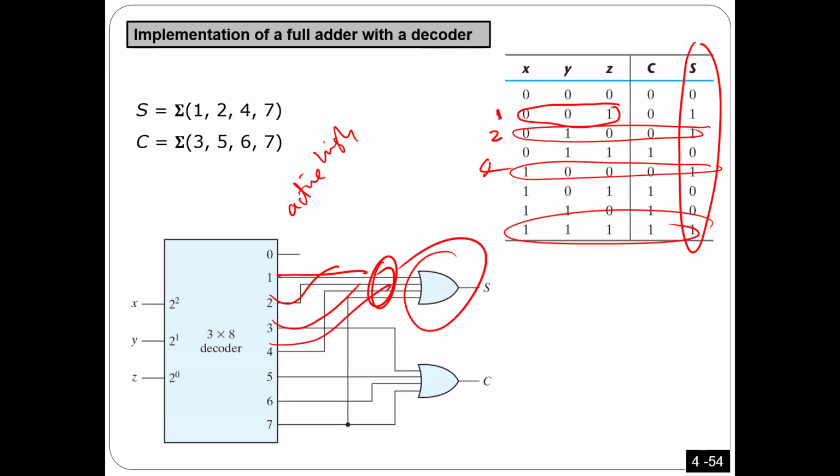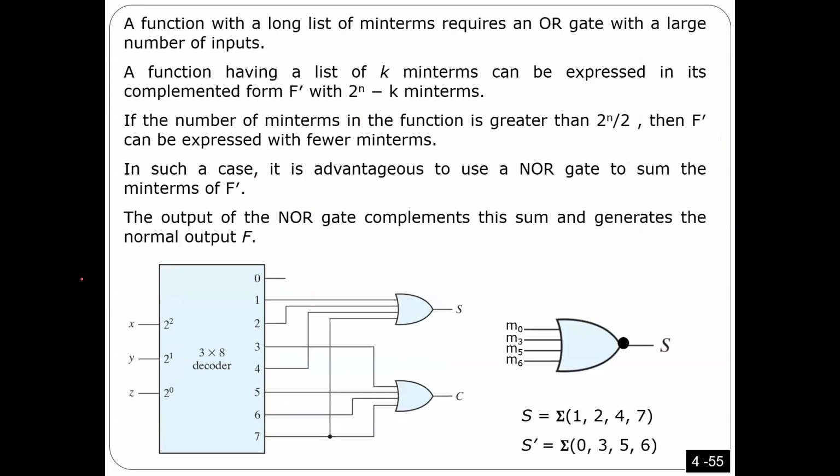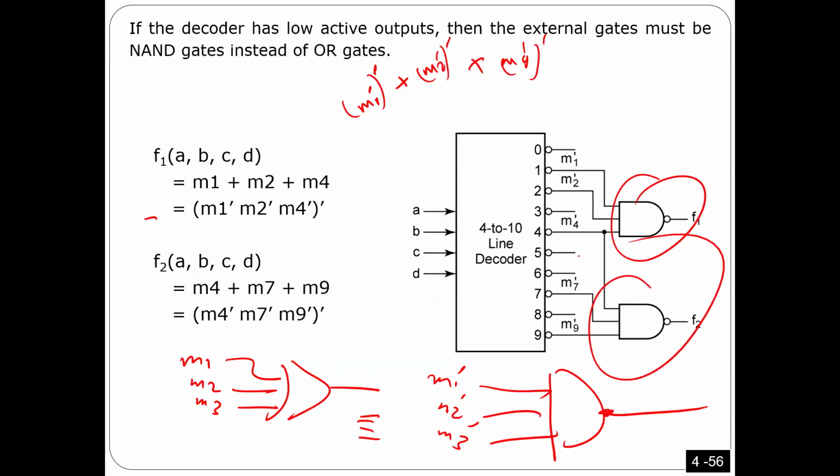If the decoder is active low, you need to connect the minterms to a NAND gate. Done. You got what I'm saying? In both cases, you have to select the minterms. I'm going to use an OR gate in case of active high, and in case of active low I'm going to use a NAND gate. They are equivalent. This is because the outputs here are inverted.